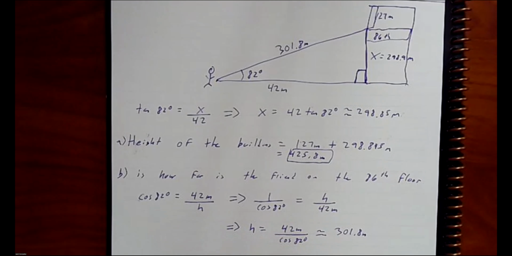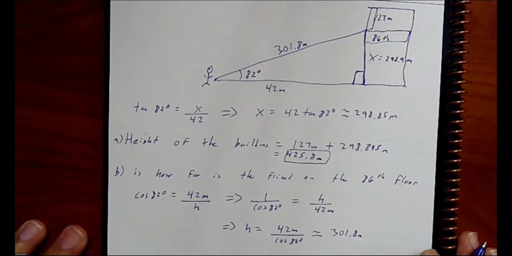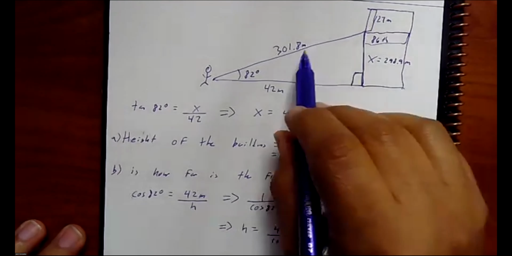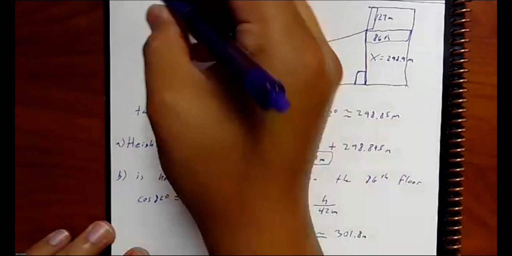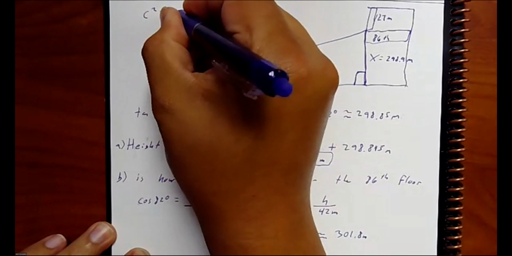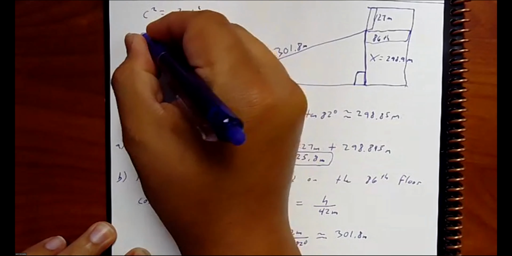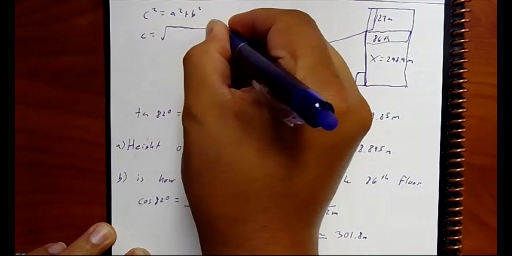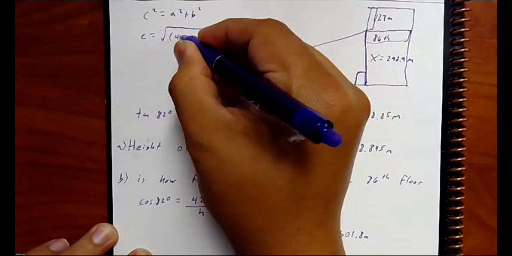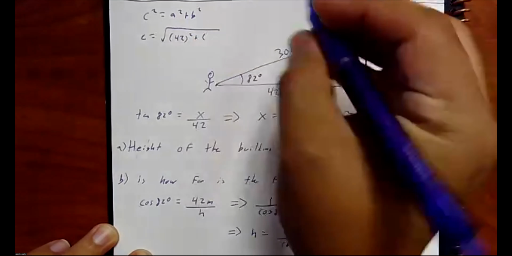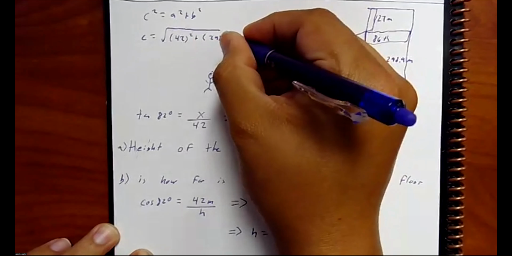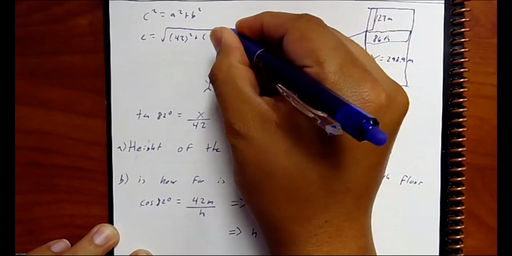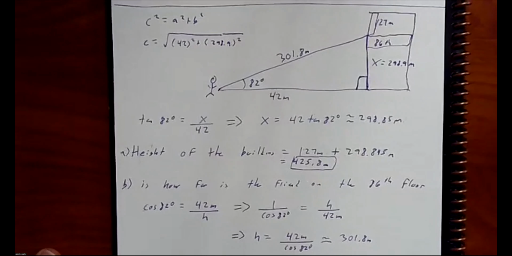Yeah, I would just double check the setup. If you were to do Pythagorean to find the hypotenuse, you should have had c squared equal to a squared plus b squared, which means that c is equal to the square root of 42 squared plus 298.9 squared. So it has to be all under the square root.